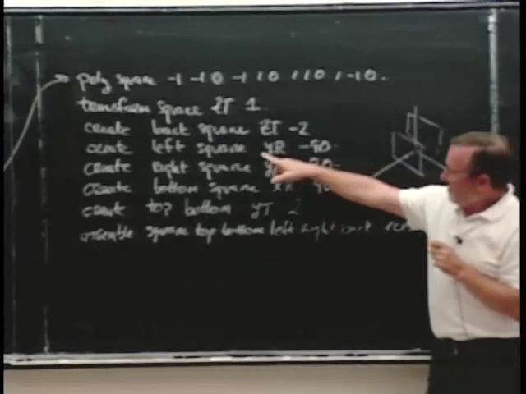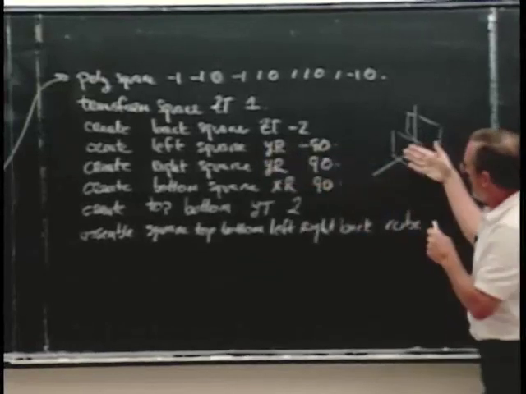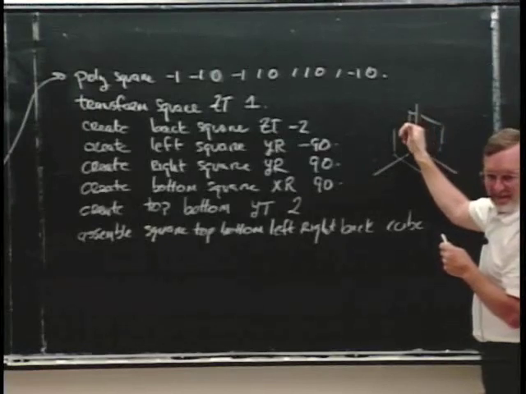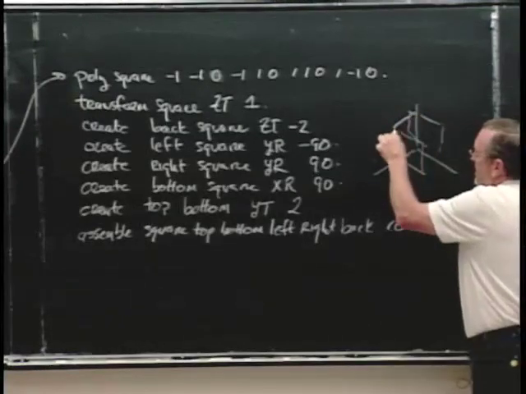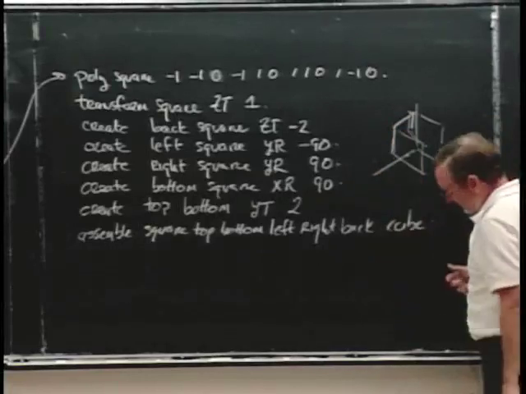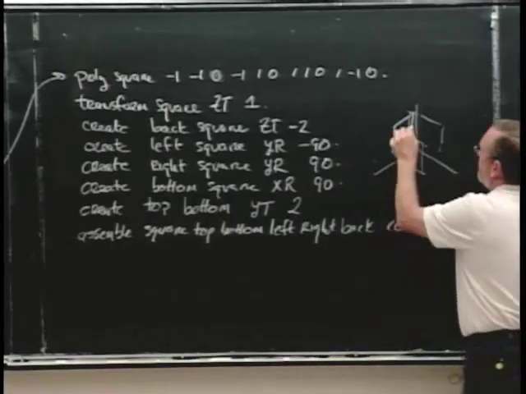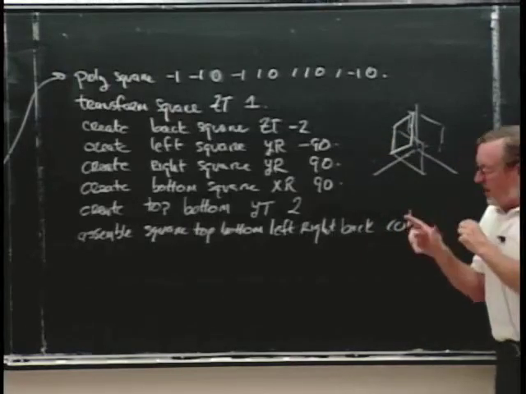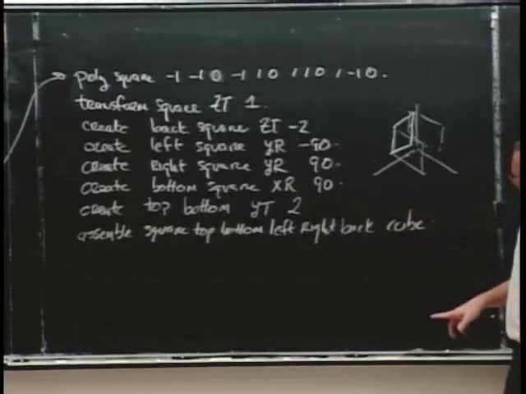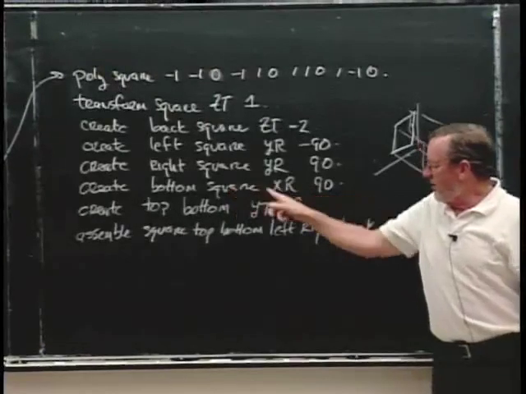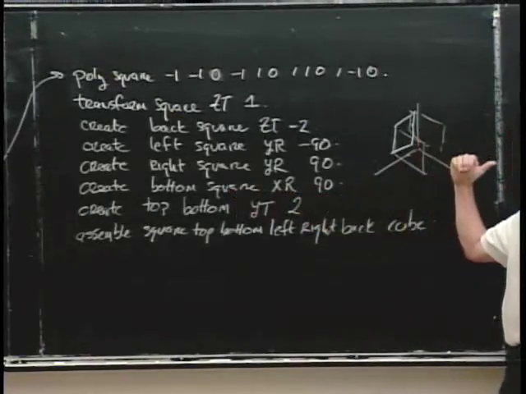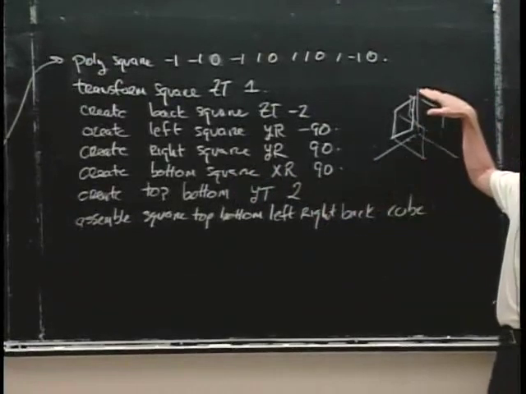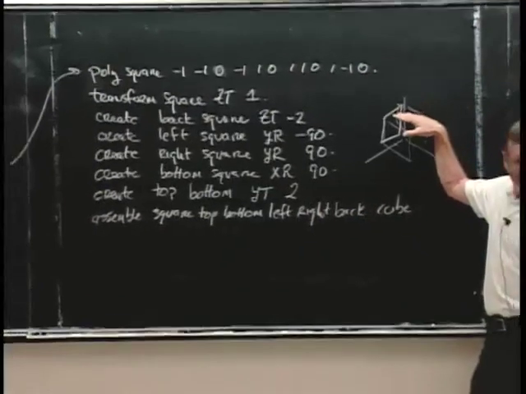I then have created a left square by taking this front square and rotating it 90 around the y-axis, which gets me this guy over here. Okay? Like this. You see what's happening? The bottom, I took the square and rotated it around the x-axis 90 degrees, so it ended up on the bottom. And then to create the top, I took the bottom and translated it upward too. Okay?